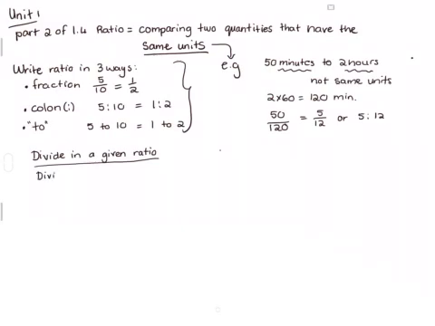So the example I'm going to do is divide 180, and we're going to divide it amongst 3 people, so in the ratio 2 to 3 to 4. And this ratio we can't write as a fraction. We're still going to use fractions here though, but the minute you've got more than two things you're comparing, you cannot write it as a fraction.